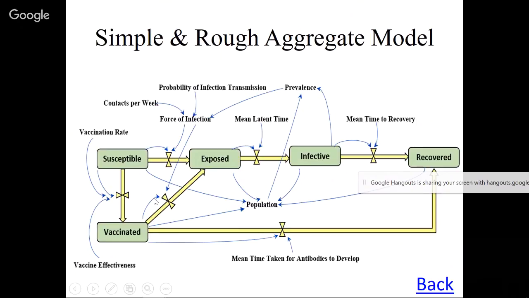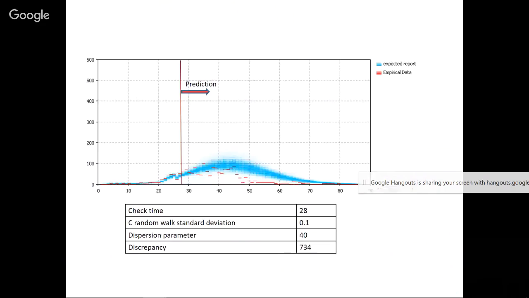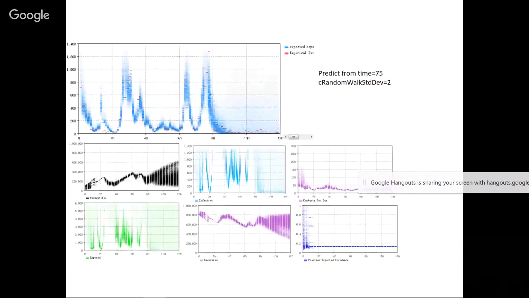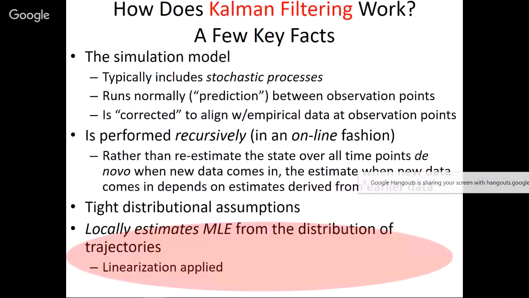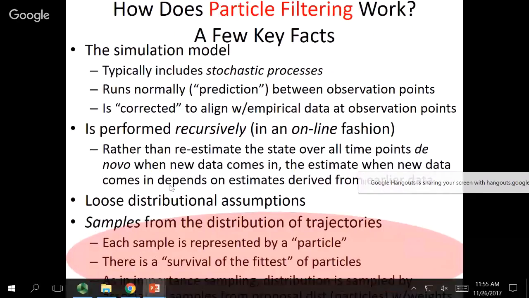So one particle might posit 973,000 people here, 5,242 here, a certain number here, et cetera. Another particle might posit 897,000 people susceptible, 1,000 people who are exposed, et cetera. So each of those particles carries around a sort of hypothesis for the current situation in the world.